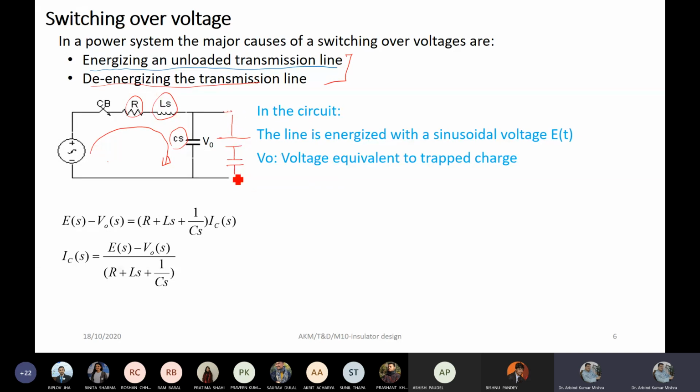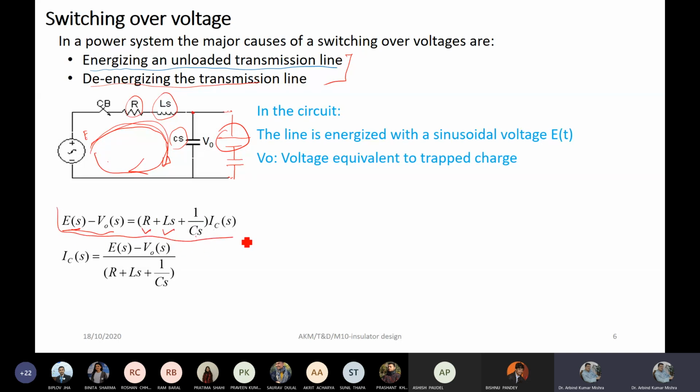So once we say this is equivalent to this, that's why we are considering E, how much current will flow in this depends on the loop. I am just using the loop method. So the source voltage E minus the initial voltage V naught will be multiplied by the impedance, that is resistance plus Ls plus 1 upon Cs.